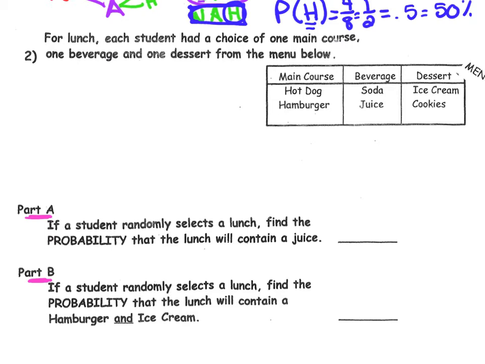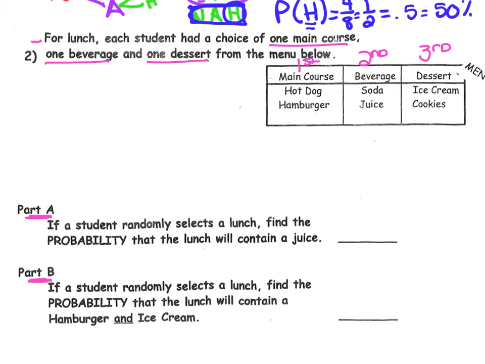The question states, for lunch, each student has a choice of 1 main course, 1 beverage, and 1 dessert. So let's look at our different choices or events that must occur. You must pick a main course, that's first. Your second event is select a beverage, and your third event is select a dessert.